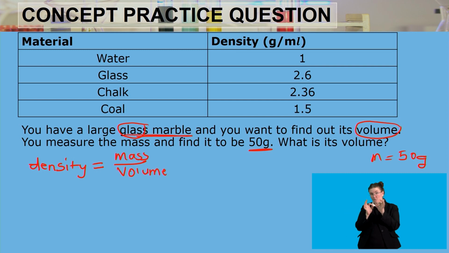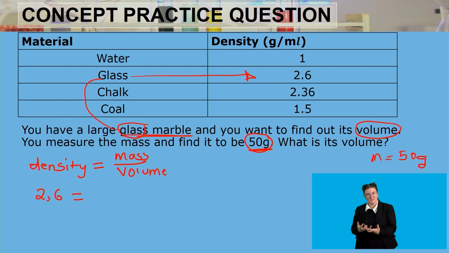Remember the keyword was glass, so when you look at glass, we are given the density of glass, which is 2.6. So the density of glass is 2.6, which is equal to the mass that we have measured, which is 50. So 2.6 is equal to 50 over the volume. And the volume is what we are going to be looking for.